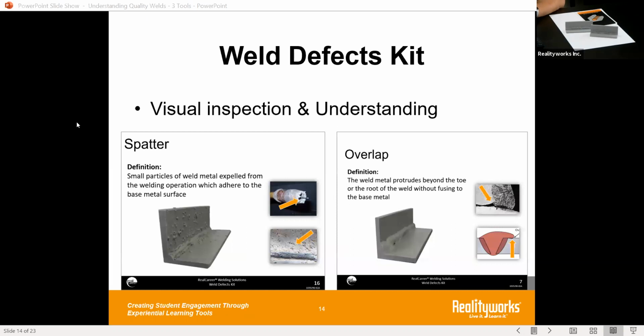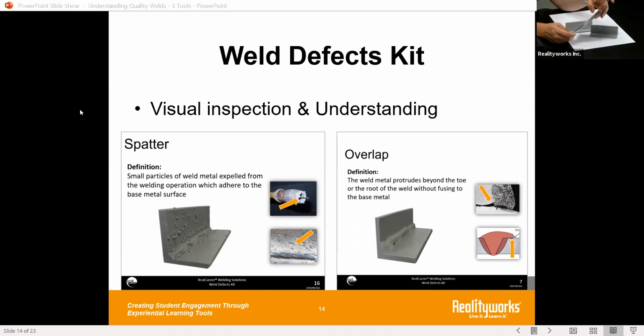Now, along with this, we also have visual inspection and weld defect curriculum. We also have it for common welding joints. What you can also see in the video here is that the curriculum coincides with the flashcards, where you have a flashcard, you flip it over, and it tells you what the issue is, and then a picture of what the issue is, and then it gives you different descriptions on how to change it.